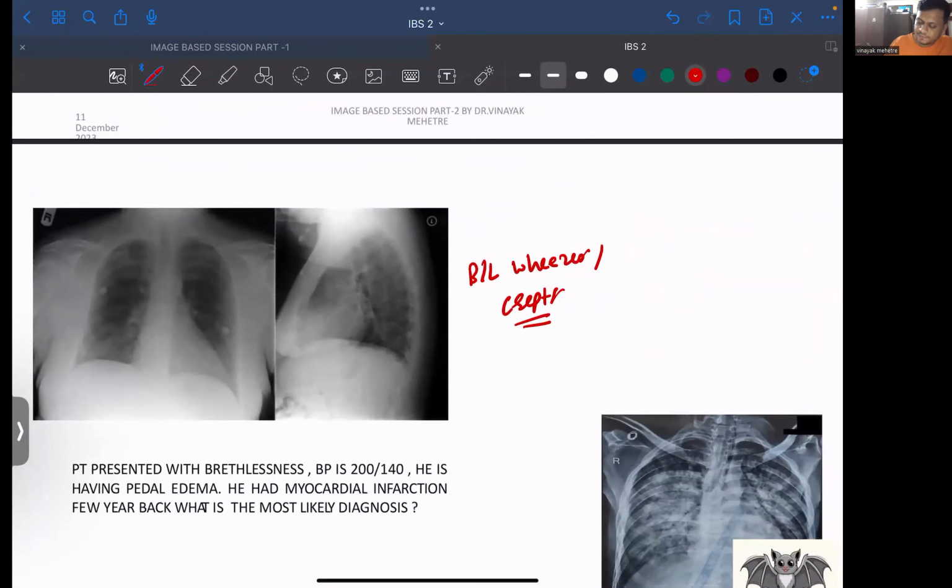There is heart failure, right? Bilateral wheezes with pulmonary edema. With pulmonary edema, only two causes come up. Either the patient is having congestive heart failure or the patient has CKD, chronic kidney disease.